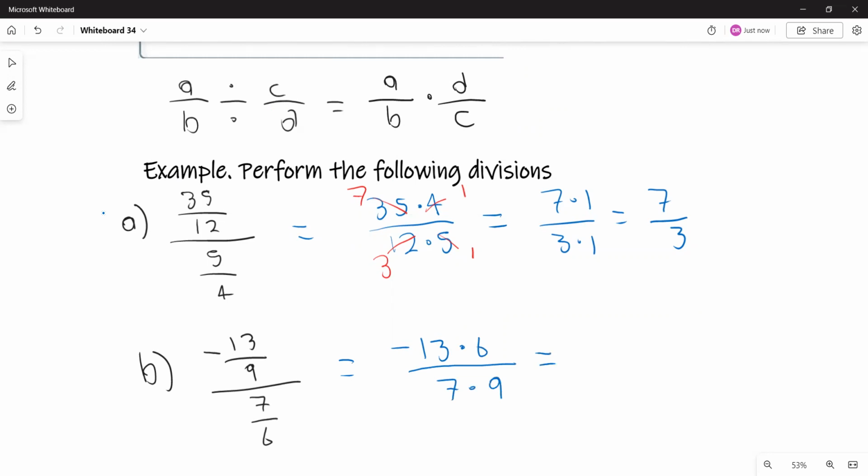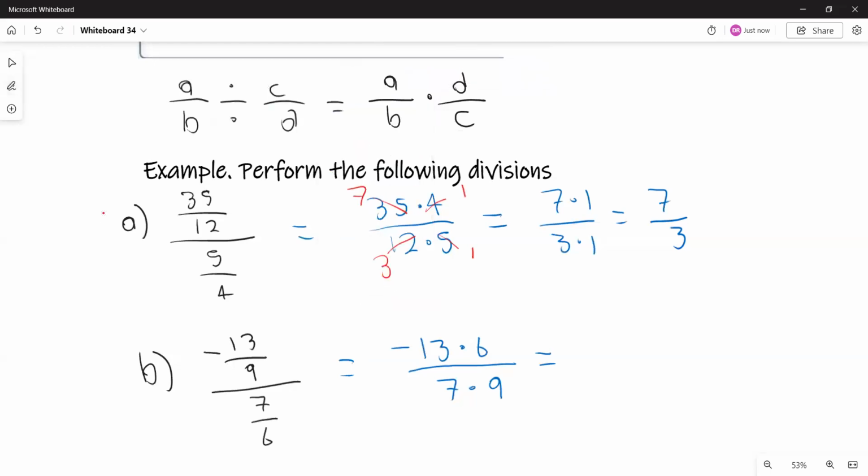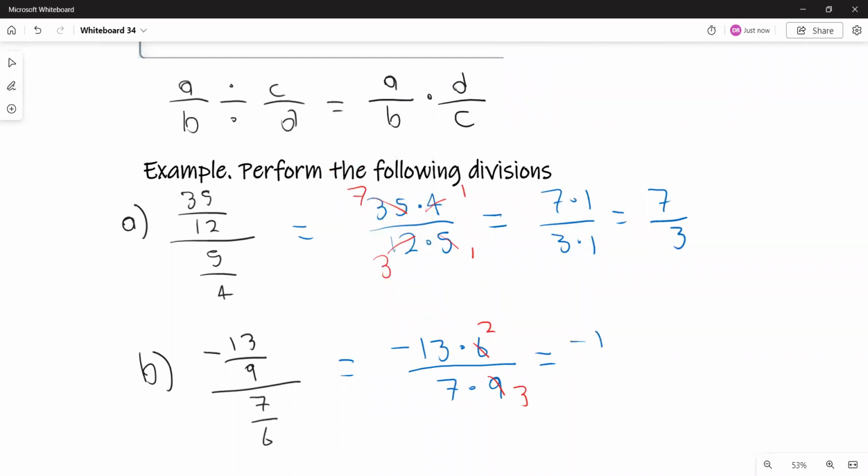And we can reduce the 6 and the 9 as 2/3. 6 and 9 are both divisible by 3, so 6 over 3 is 2, and 9 over 3 is 3. Okay, so that's negative 13 times 2 over 7 times 3. Negative 13 times 2 is negative 26, and 7 times 3 is 21.